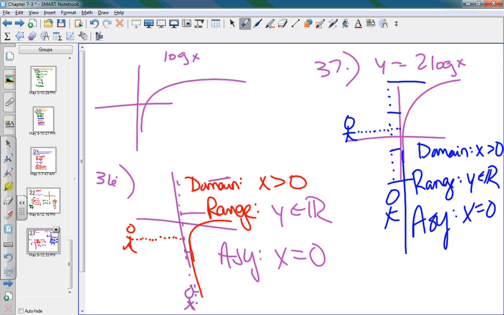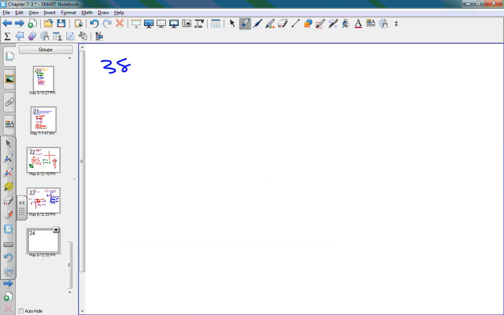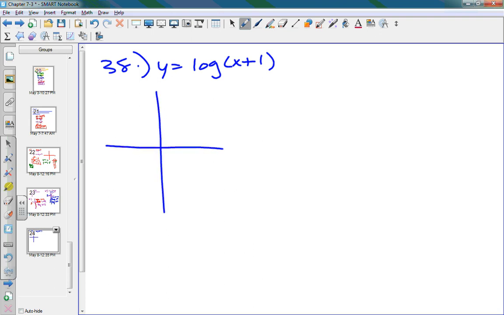Now what's happening to 38? It's going left 1. Okay, so here's my regular logarithmic function. My regular logarithmic function goes to the point 1, 0. What's happening to this? It moves it to the left.